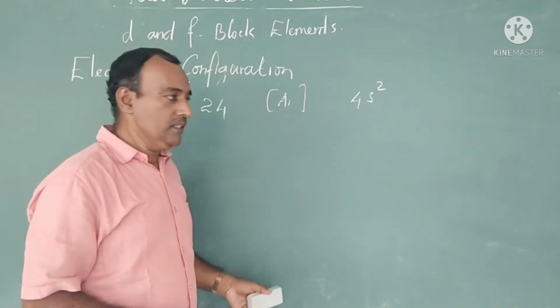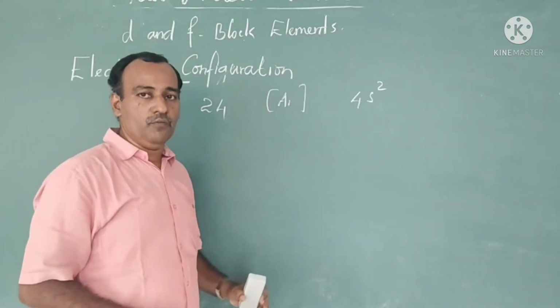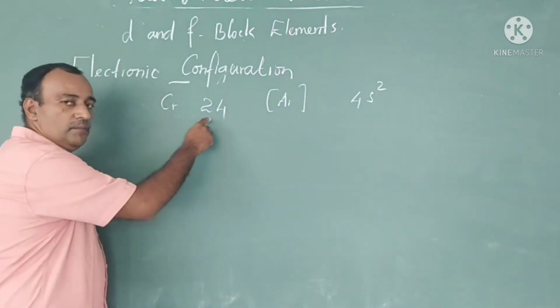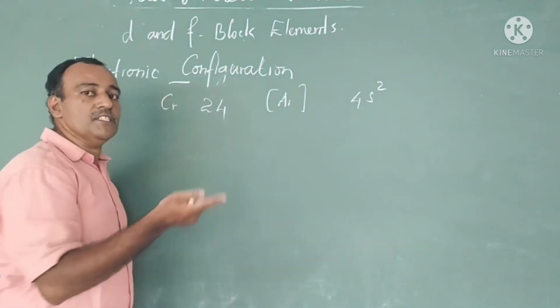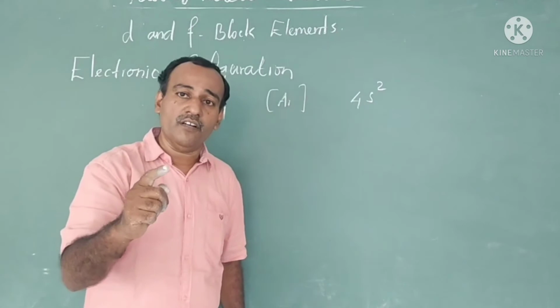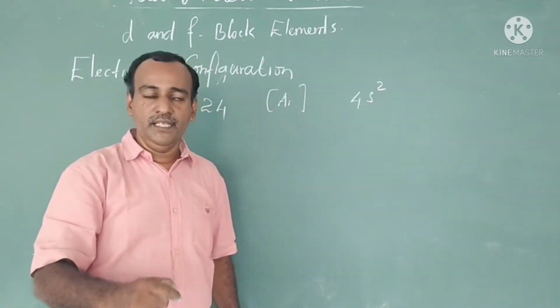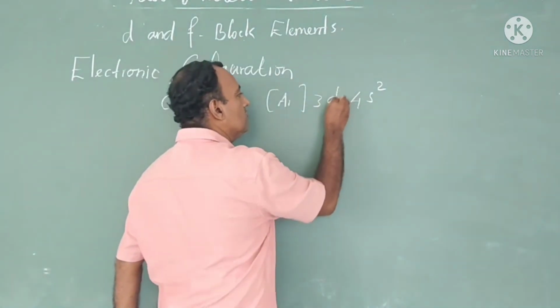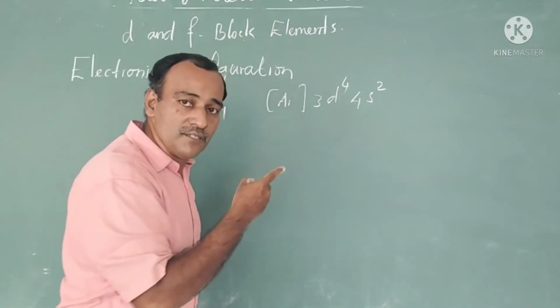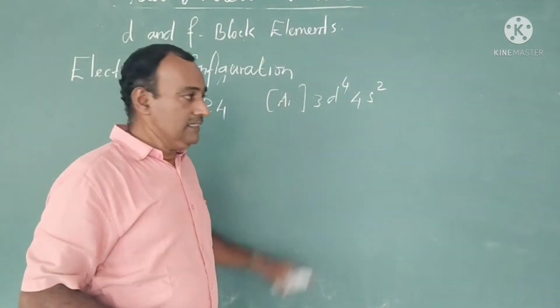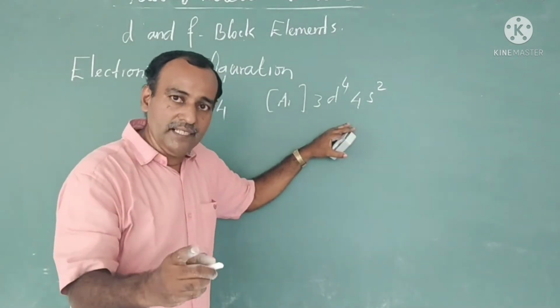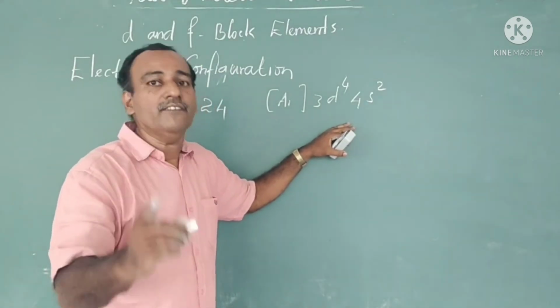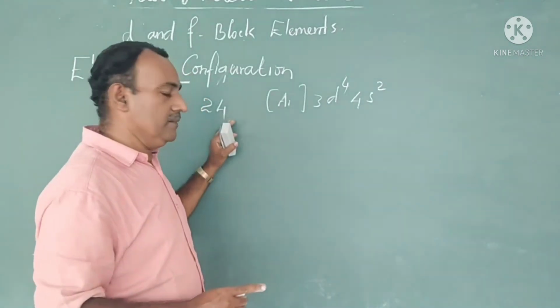That is 4s2, so 20 electrons are over. Chromium has atomic number 24, so 4 more electrons want to be filled. Where will the 4 more electrons go? They automatically go to the d orbital. This is the theoretical electronic configuration of chromium.